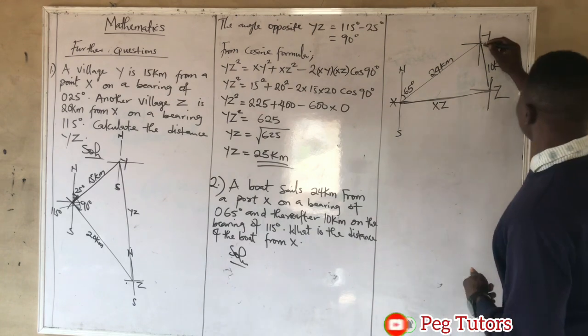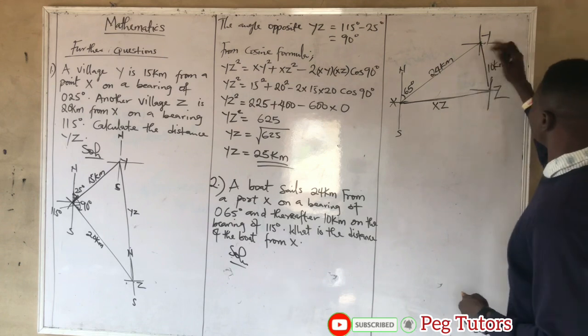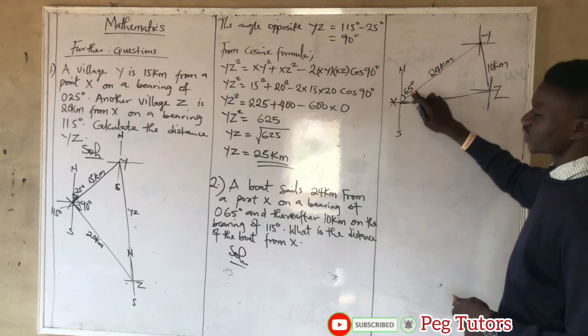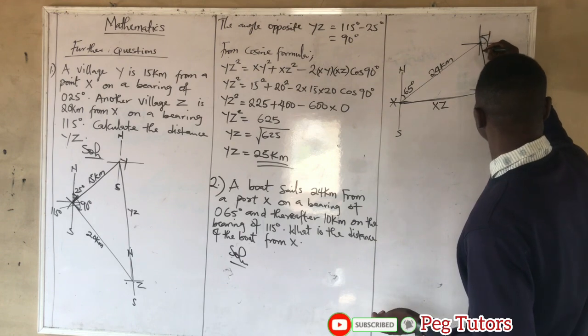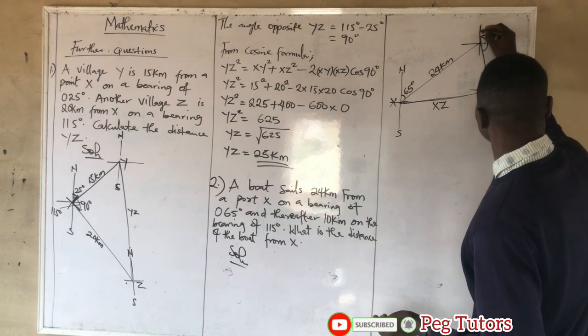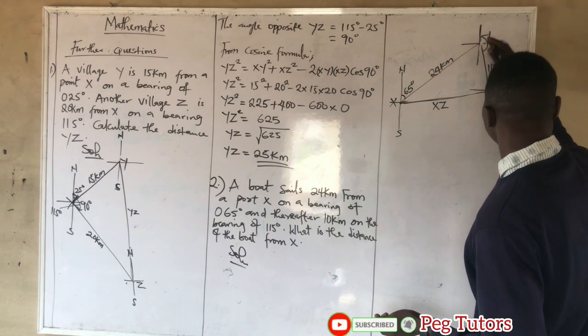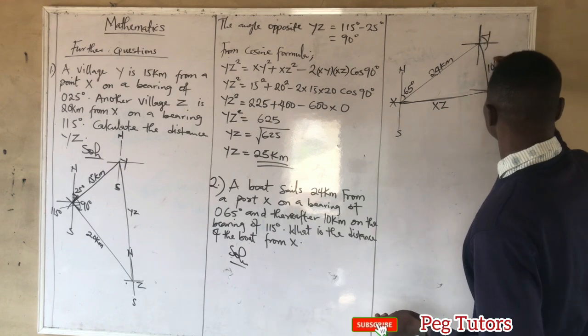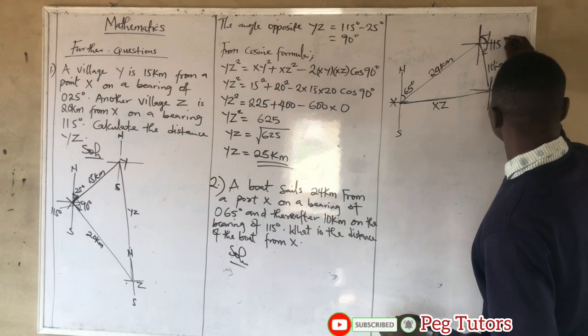Now, I told you before, the problem we always face in working this is representing our angles. Now, you know this place is 65. From here to here is the north and south of Y. So from here to here is 115 degrees.